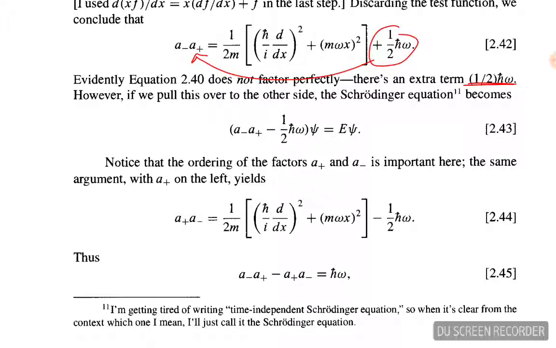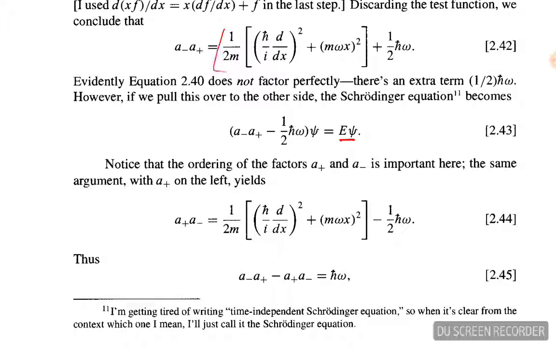Let's just put it over here, and what we get is that our A minus operator times our A plus operator minus 1/2 h bar omega times psi would equal the energy times psi. Right? So this is the whole stuff that was in front of psi to make that work.